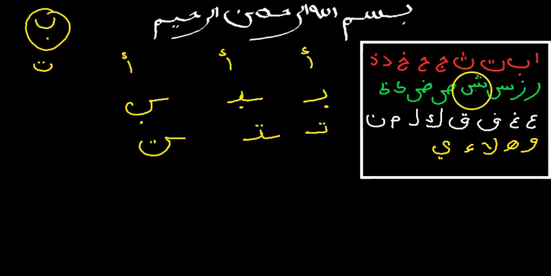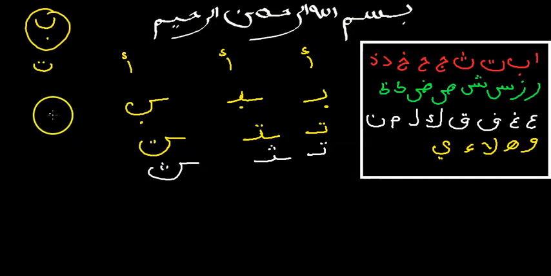Next on the list is tha'un. The beginning form of tha'un is this. The middle form of tha'un is this, and the end form is this. What about jimun? The isolated form is this.